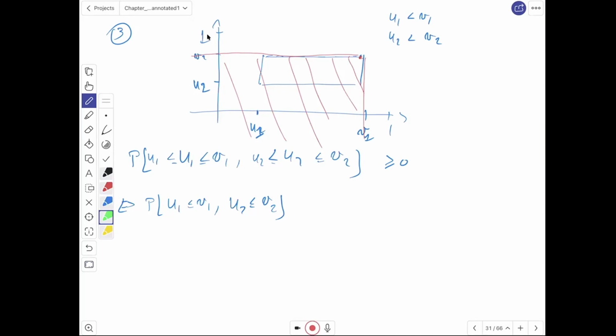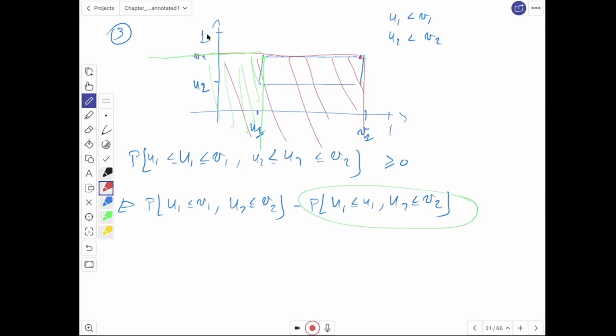For example, you can look at the probability, let's see, minus the probability U1 smaller than U1 and U2 smaller than V2. So this probability is this here. Here is U1, V2, and you're looking at this probability here, this green probability.